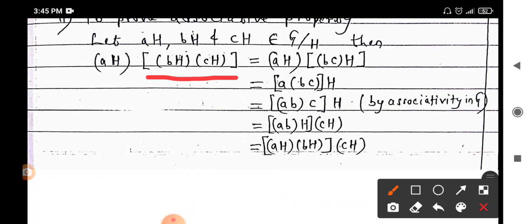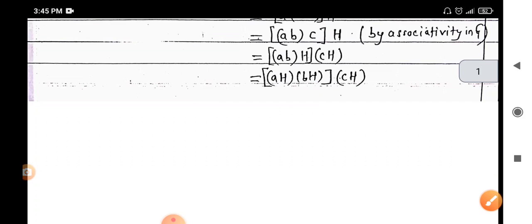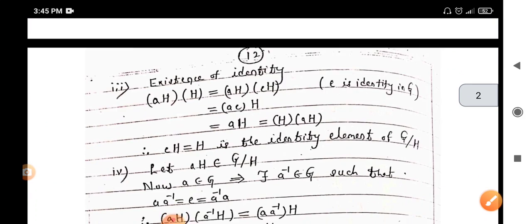Again, a and bc are elements of group G. Then by using the associative property, it can be written as a(bc)H, which is (ab)cH, which is equal to [(ab)H] into cH by associativity in group G, which can be written as aH bH, from the definition, into cH, and hence associativity holds in group G by H.